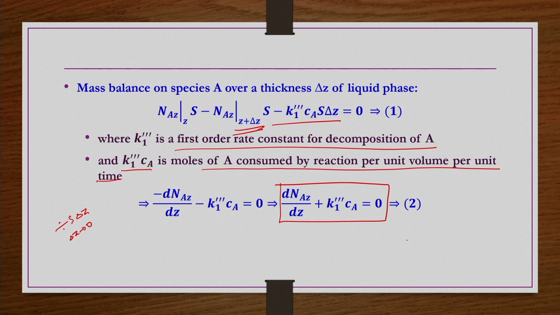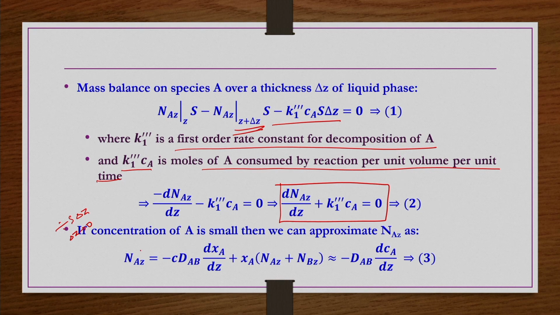Right. This we can solve to get the concentration profile, but that you can do only when you know the NaZ expression. If the concentration of A is small, then we can approximate the combined flux NaZ as simply minus DAB dCA/dZ.